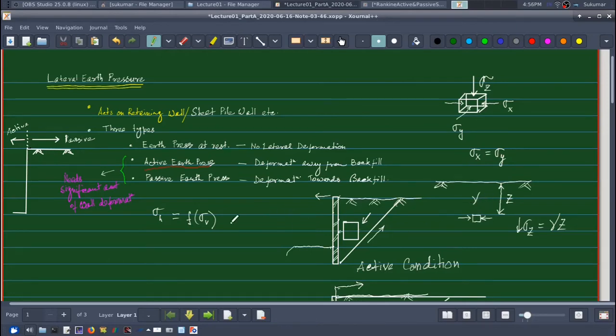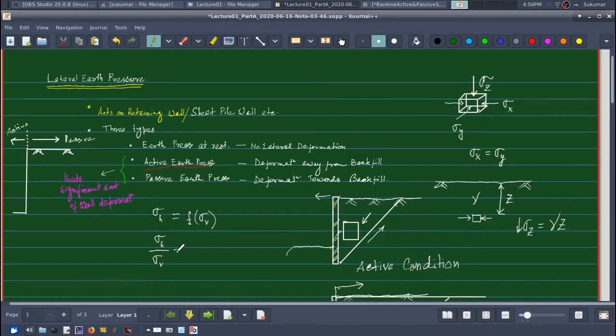So since it is relatively easier to determine the overburden pressure or the vertical stress at any point, therefore, if I can express this horizontal stress or the lateral earth pressure in terms of this vertical stress, then the calculation of lateral earth pressure becomes easier. Okay, and that's why we define a ratio of horizontal stress to vertical stress.